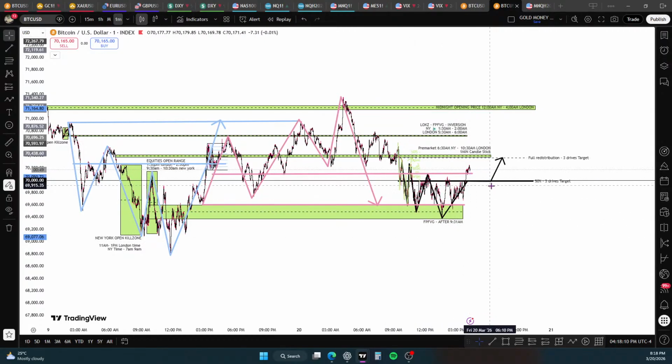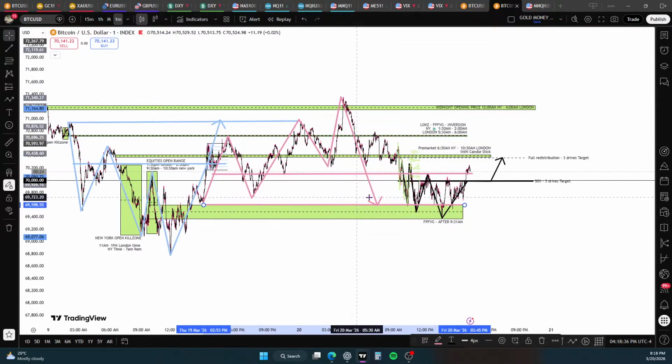So even if price did come back down below the 50%, as long as we went back above it, I just only have a better entry in that case to this target here. So I wouldn't try and force it.